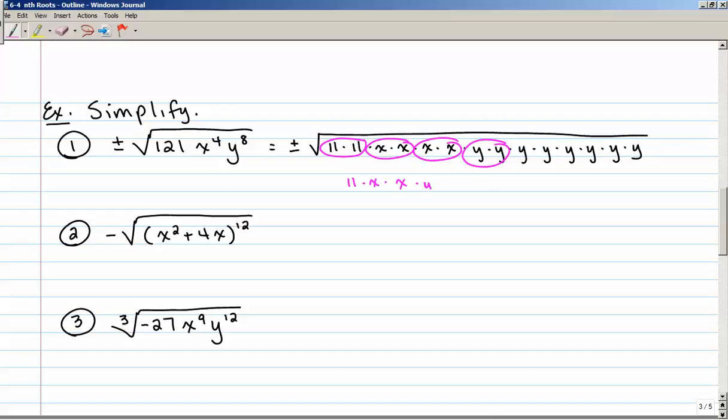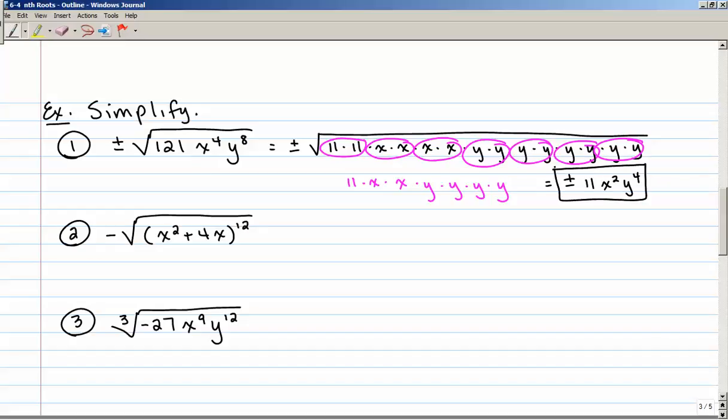And there's a y, a y, a y, and another y. And there's nothing left inside there. So my final answer is going to be the positive or negative, and because that's out front, it stays out front. 11, since there's 2 x's, x squared, 4 y's, y to the 4th. That's my final answer, simplified.